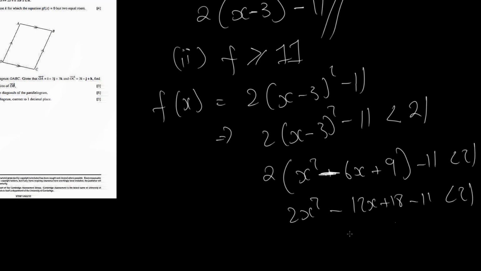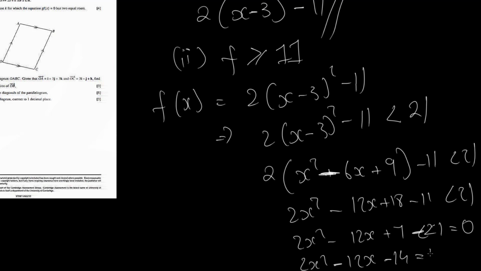Minus 11 is less than 21, and 2x square minus 12x plus 18 minus 11, 18 minus 11 is 7, plus 7 is less than 21, so less than 21 minus 21 is equal to 0. So 2x square minus 12x, again I'm simplifying the expression, so 7 minus 21 gives us minus 14. Minus 14 is equal to 0.